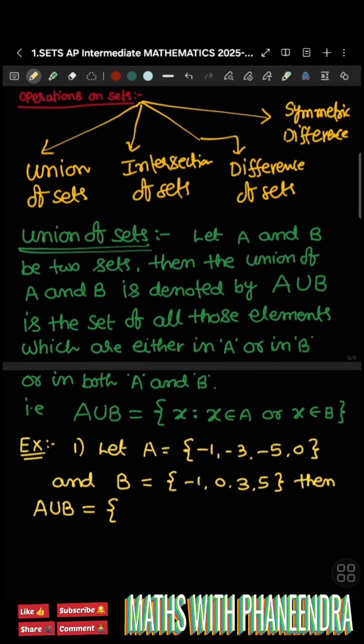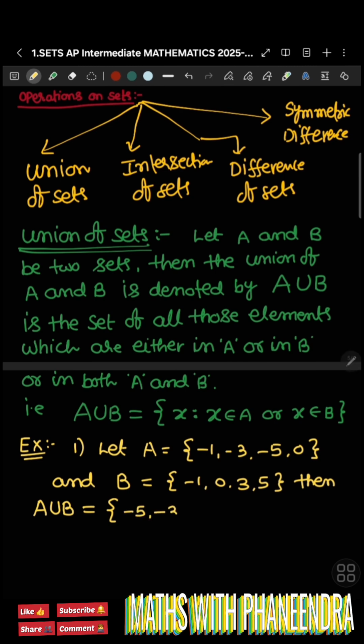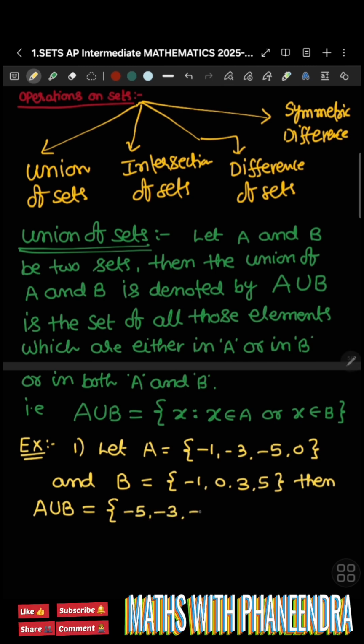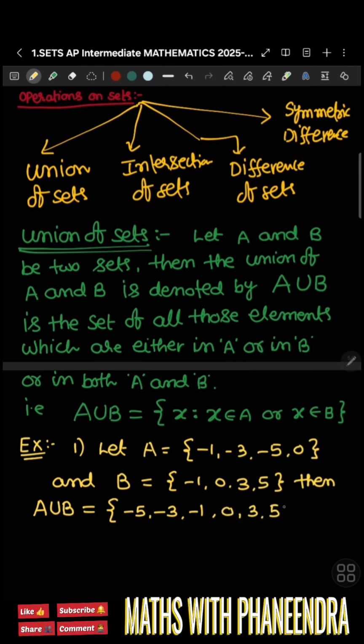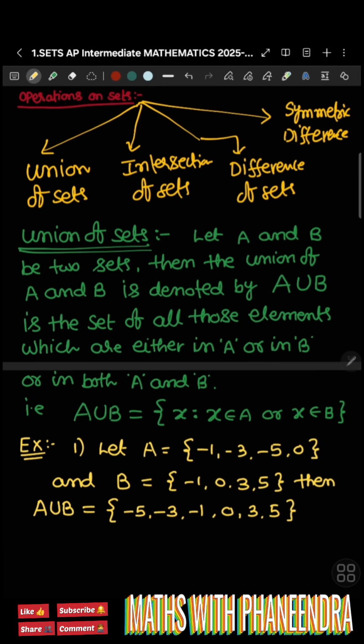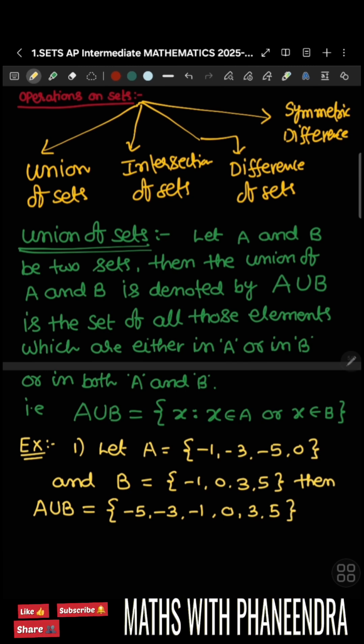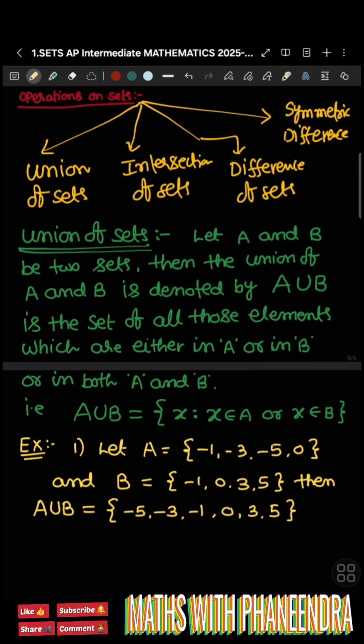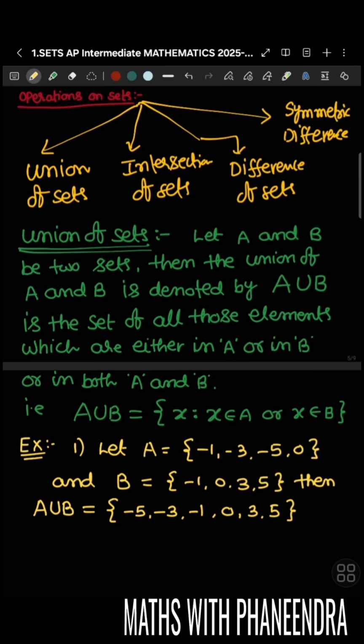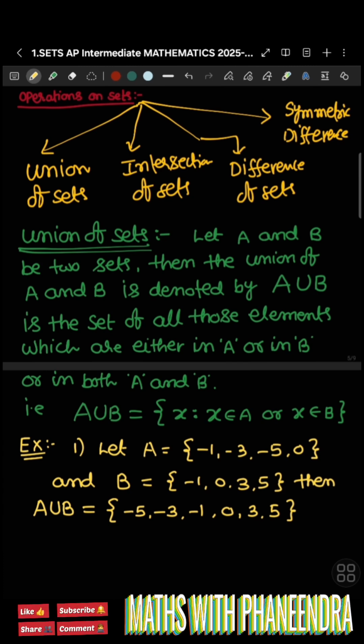So we write all the elements: first -5, next -3, next -1, next 0, next 3, 5. We cannot write 0 twice. Why? Because in set theory, repetition is not allowed. I hope you understand, students. That is the reason we are not mentioning it twice.